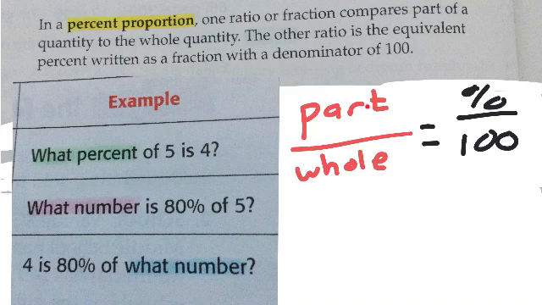So you're having part of something, and this is going to be the whole value. So for instance, if I was looking at 4 out of 5, 4 would be the part, 5 would be the whole. That's the entire amount. This is just a portion or a part of that amount.